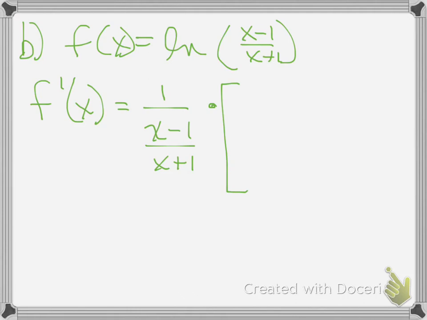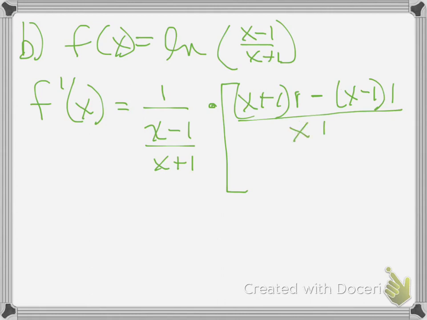So that derivative is going to be low, (x plus 1), d high, times 1, minus high, so (x minus 1), times 1, over (x plus 1) squared. So let's see if we can clean this up a little bit.